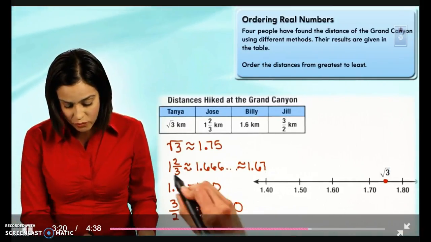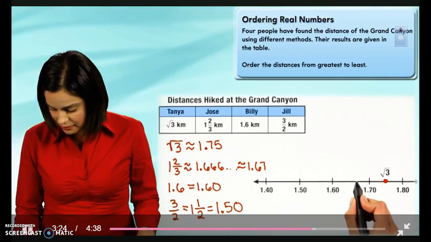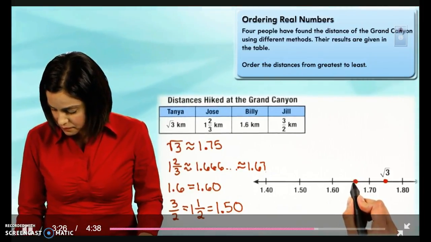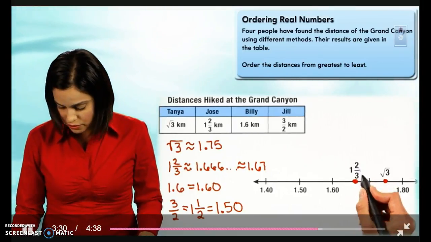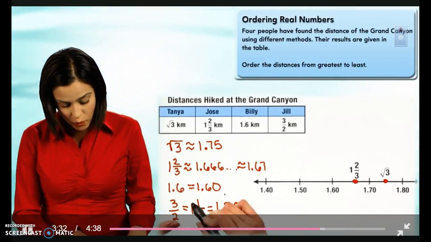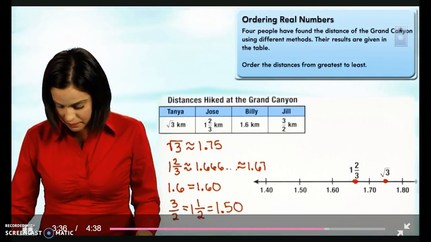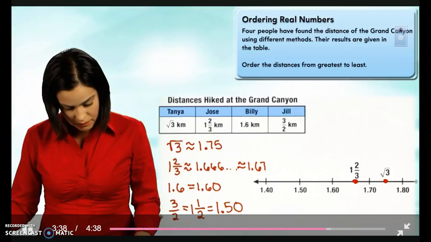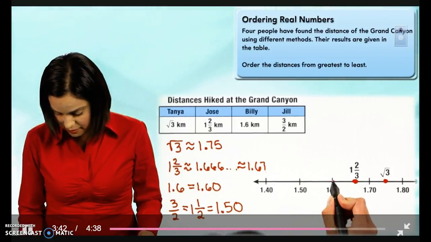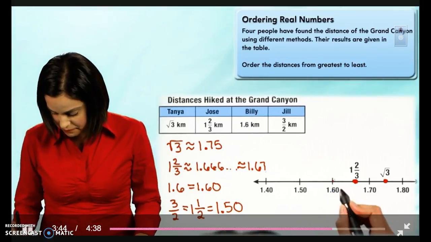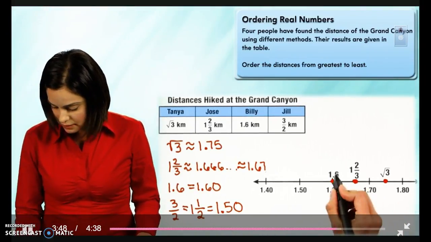And then next we have 1 2/3, which is about there. Great, 1 2/3. Next we have 1 6/10, which is exactly right here. Okay.